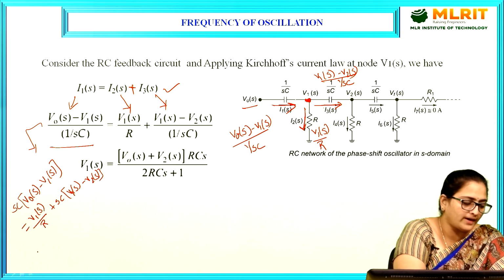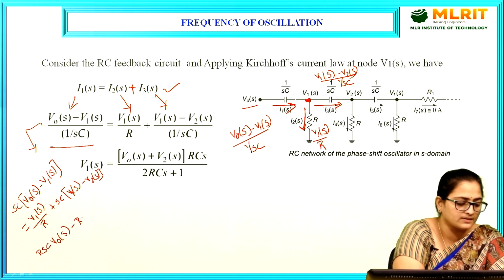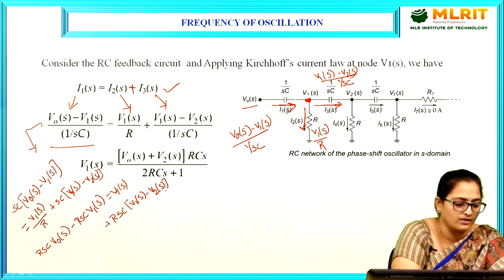We can also write it as RsC into V0(s) minus RsC into V1(s) equals V1(s) plus RsC into (V1(s) minus V2(s)).